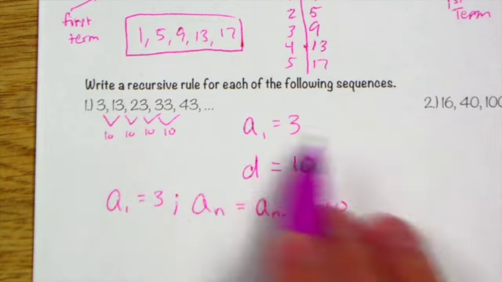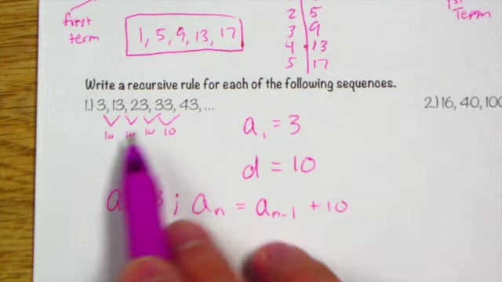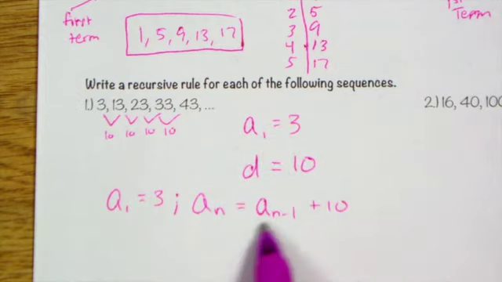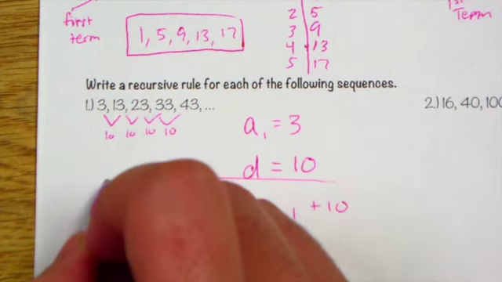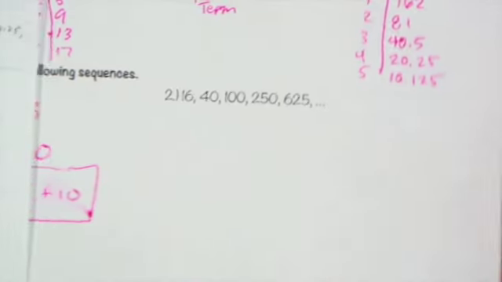Because it's adding 10 every single time, it's just the previous number plus 10. Remember, this designates the previous number here, plus 10. We'll get some more practice with that a little bit later. Again, this is just an introduction, so don't get too hung up on certain things here.